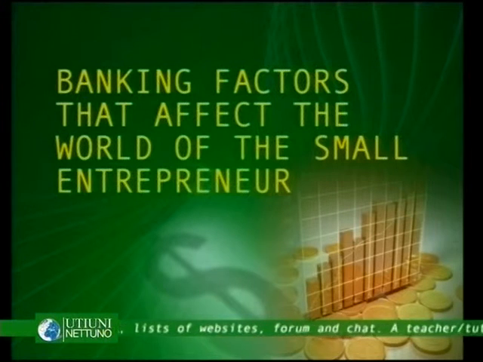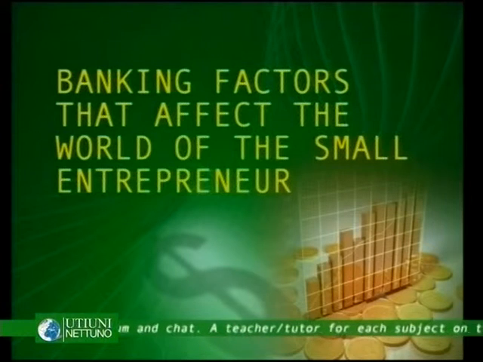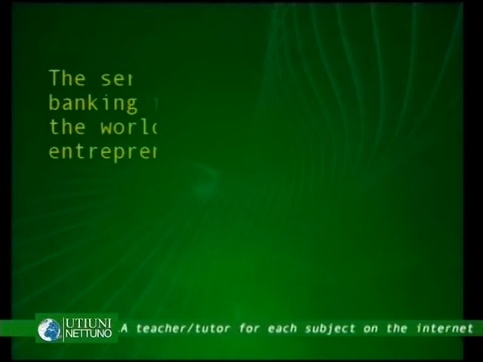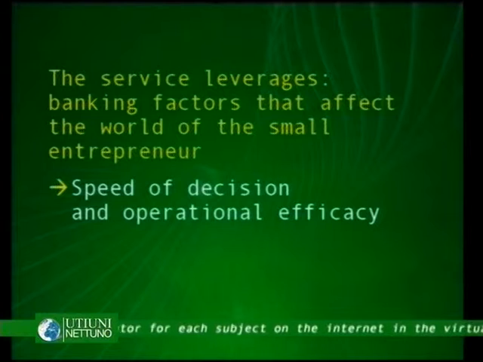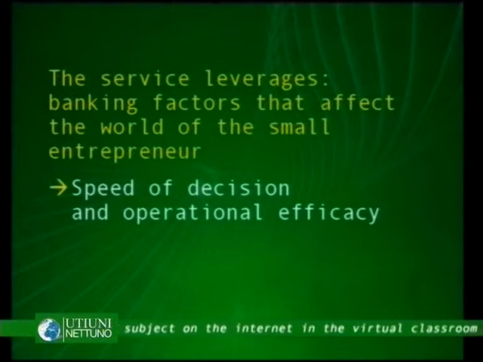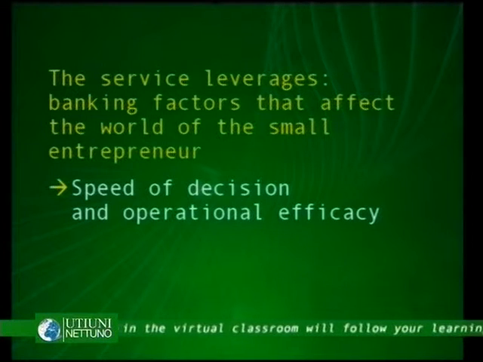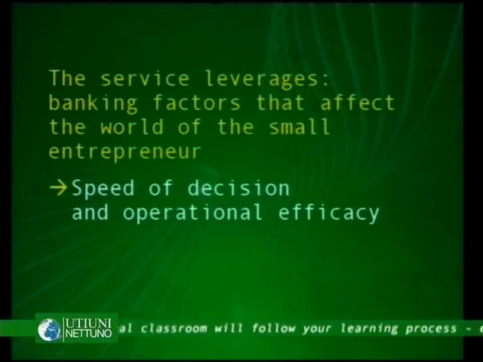Banking factors that affect the world of the small entrepreneur. The service leverage banking factors that affect the world of the small entrepreneurs are basically speed of decision and operational efficacy. As I said before, the entrepreneur is not very much interested only in the price.